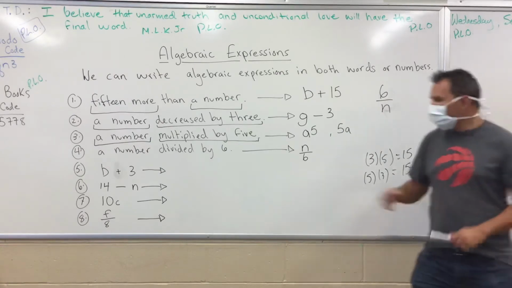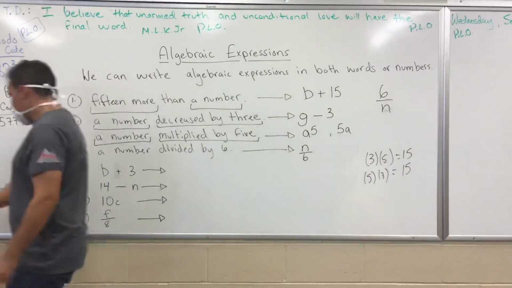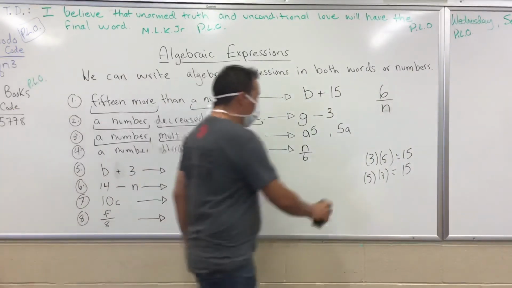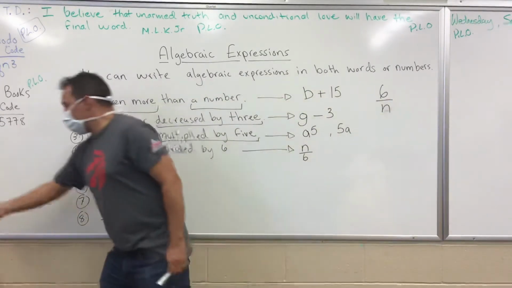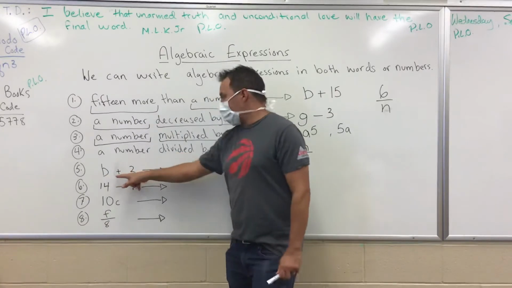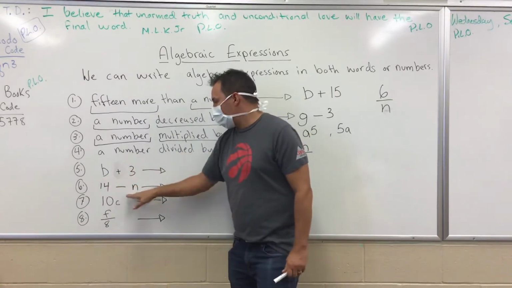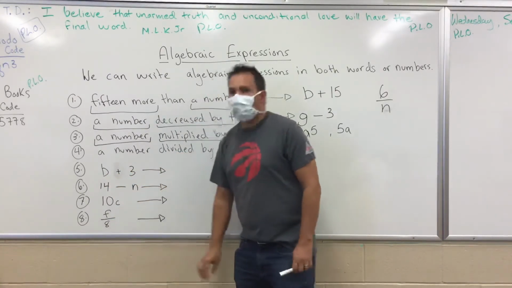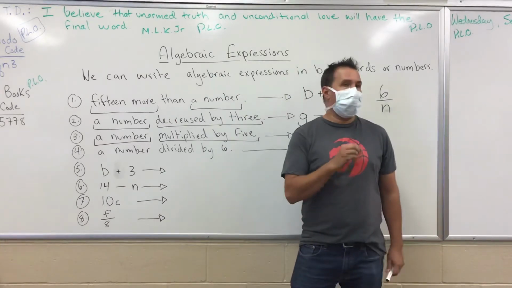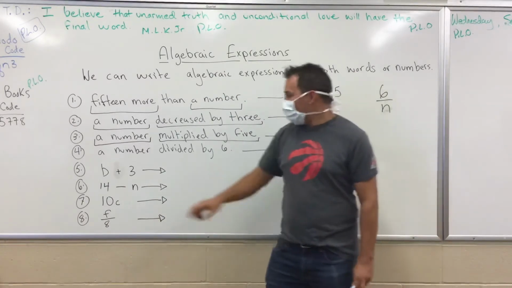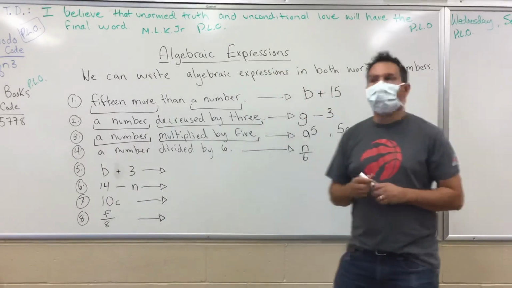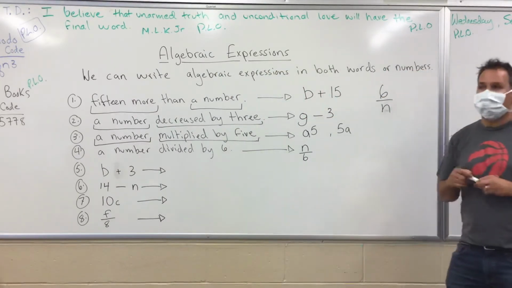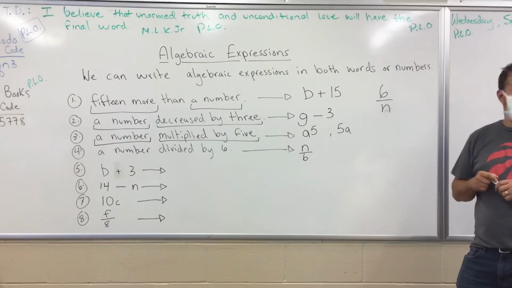Now, when we're converting from numbers into words, we're doing similar things. If we see b plus 3, anytime we see a letter, we know that we can write a number in its place.